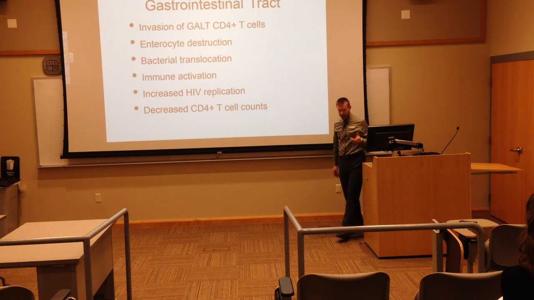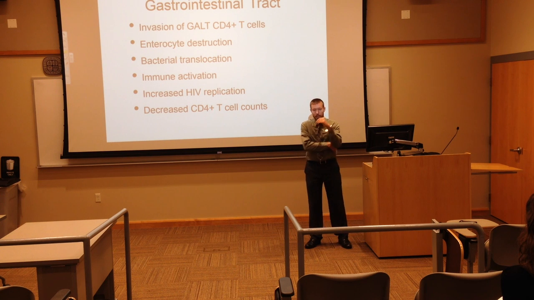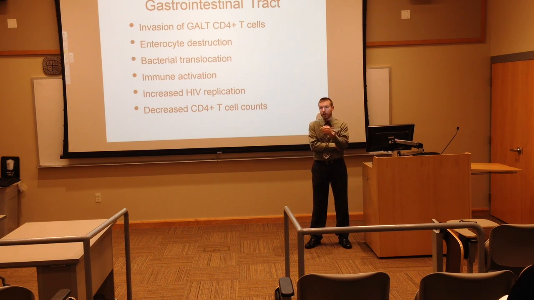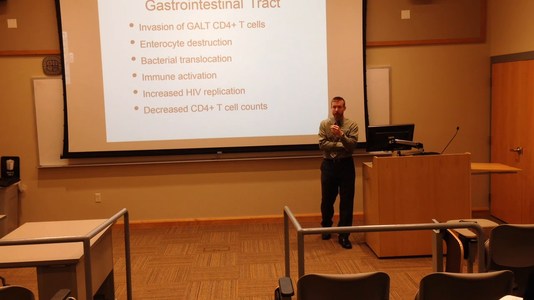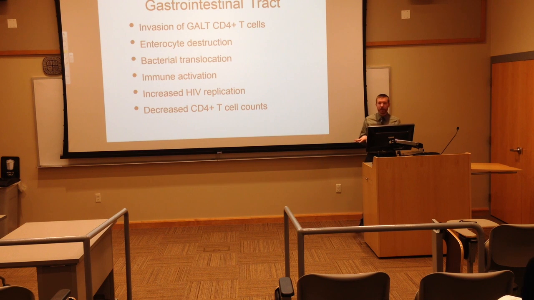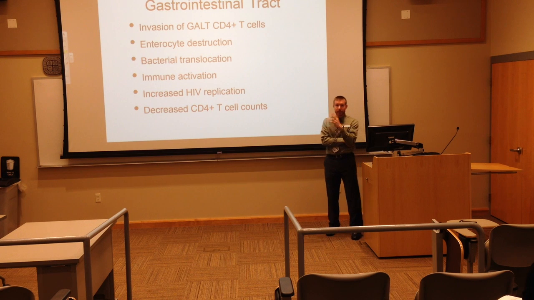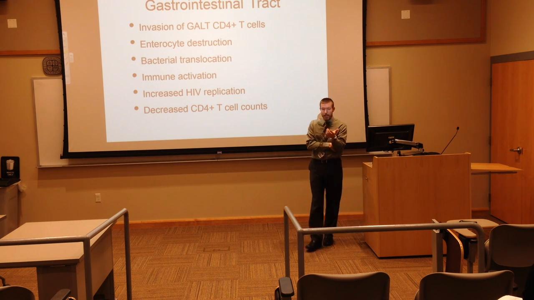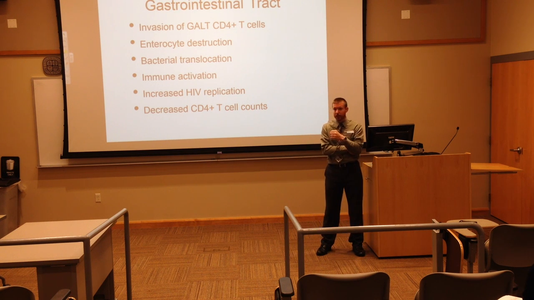And it's that destruction. Like I said, even the GP120 on the HIV virus, that glycoprotein itself causes damage to the enterocyte. Now again, anytime we have disruption of those tight junctions, that's going to cause increased intestinal permeability from the microbes in the GI tract, and a lot of these HIV patients already have a majority of pathogenic bacteria.